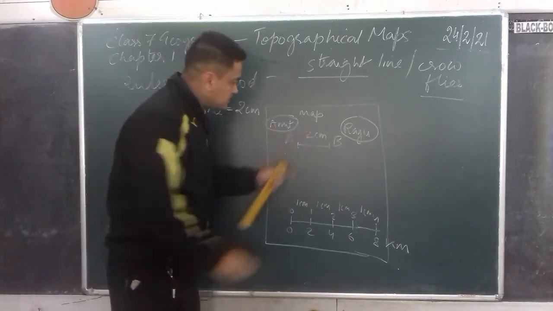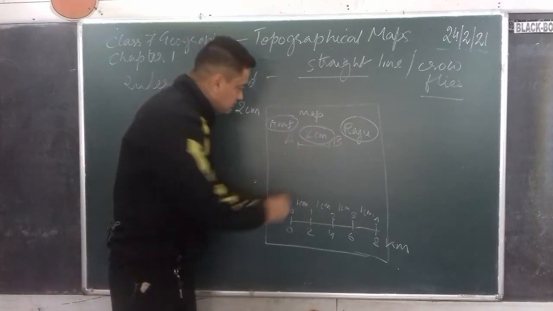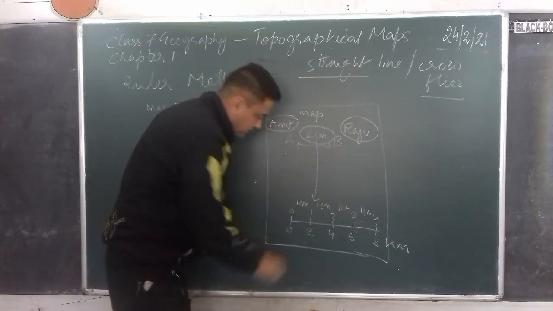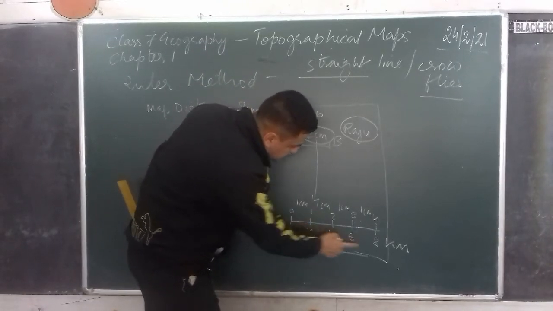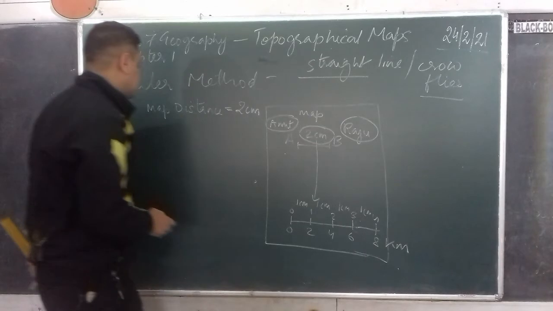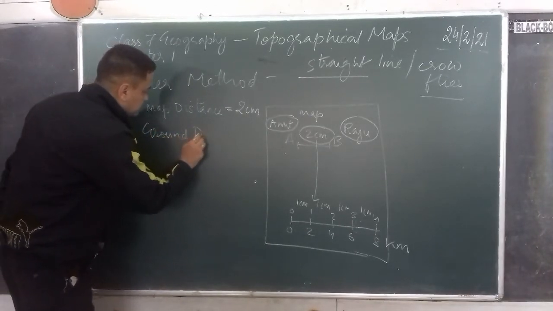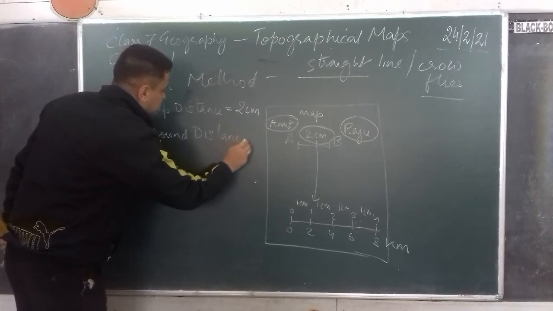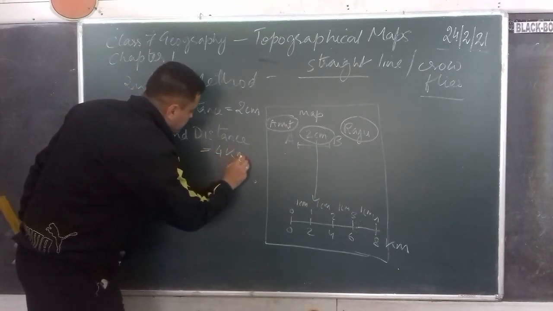Now you have calculated the distance on the map. So this map distance has to be converted using the scale. How much is 2 centimeters? 2 centimeters is how many kilometers? 4 kilometers. This becomes the ground distance, that is 4 kilometers.